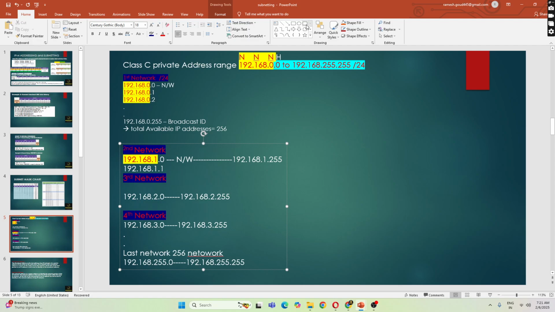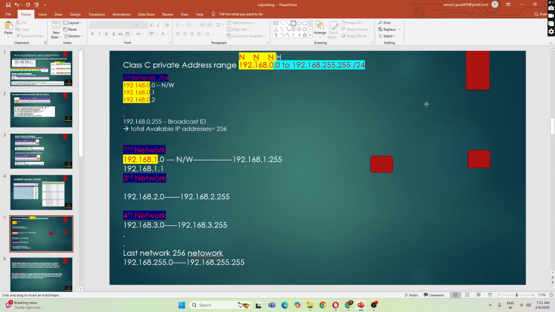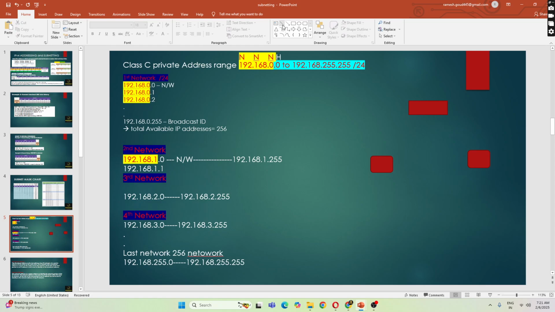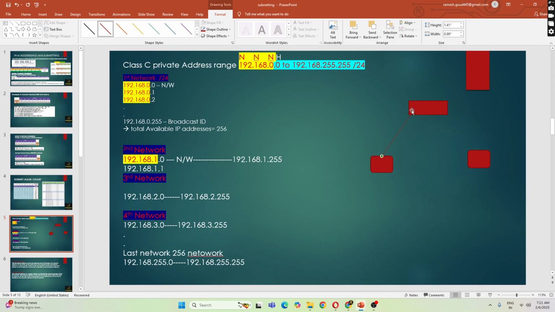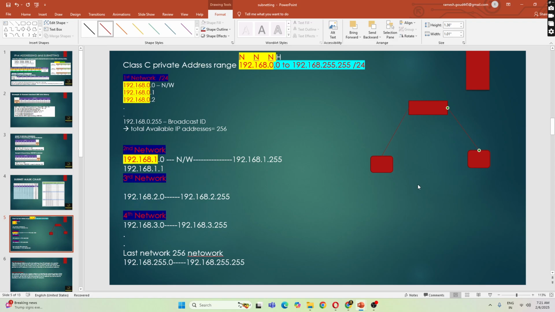Suppose in real time, there is a computer, and there is one more computer, and there is a switch. Just understand this. We connected them here.